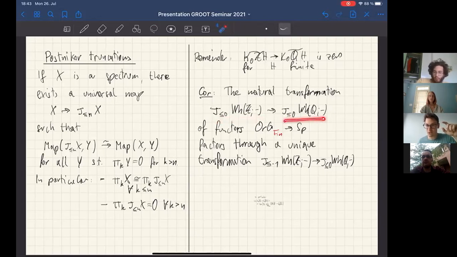This only has information in degree 0. And moreover, we know that on components, if I just take the 0th homotopy groups, this natural transformation is always 0 on the objects. Therefore, it has to factor through degree -1. Because basically that's what this universal property tells you.